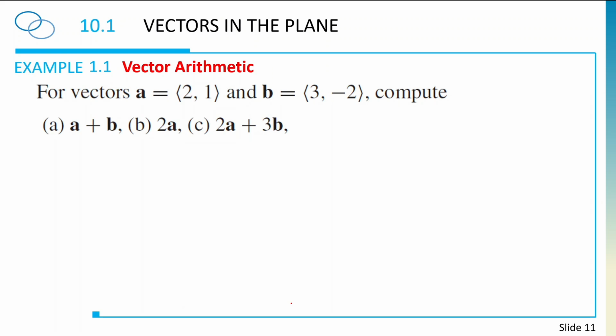This is a very simple question about the arithmetic of vectors. If I have the vector a as ⟨2, 1⟩ and the vector b as ⟨3, -2⟩, I need to find a plus b.